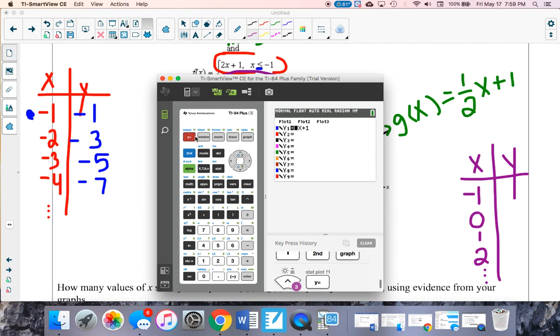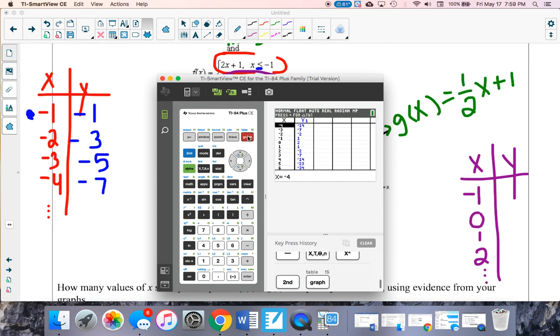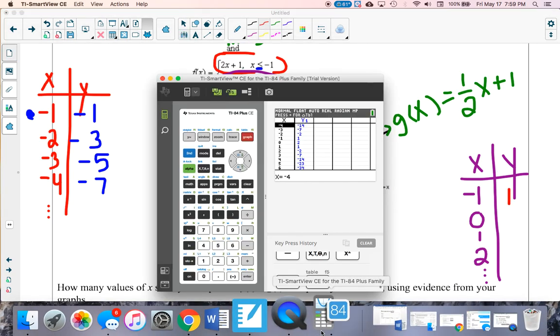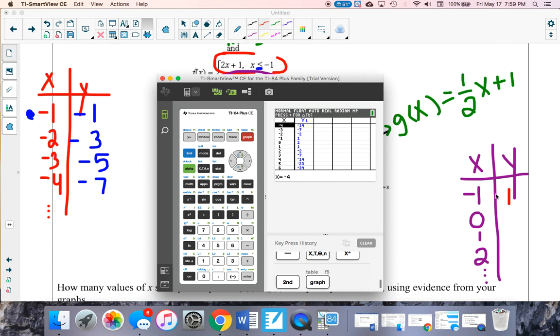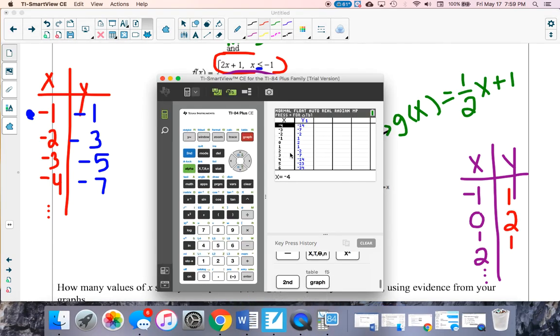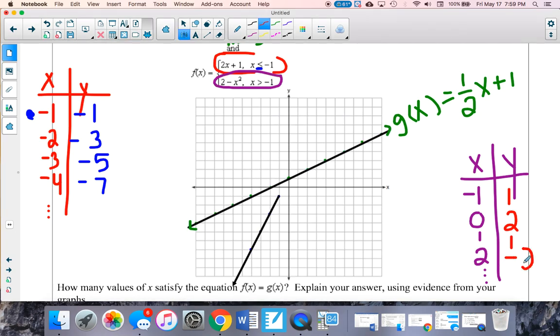Let's do this. 2 minus x squared. Table: -1, I get 1. 0 is 2. 1 was 1. And 2 was -2.